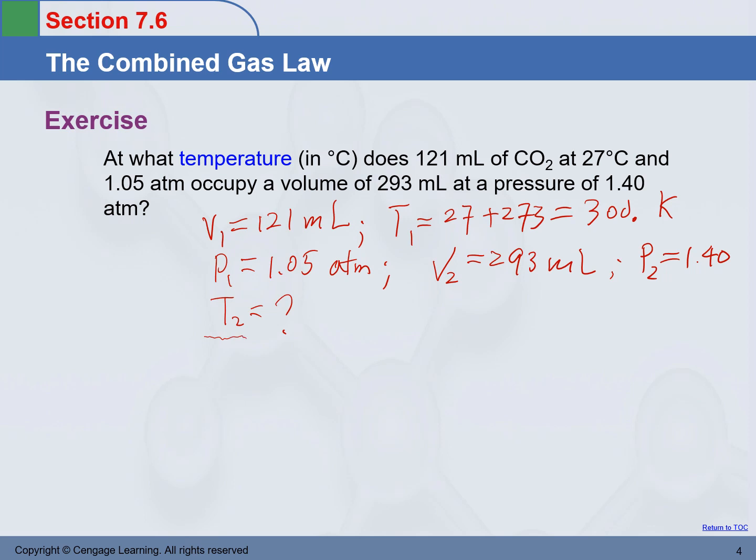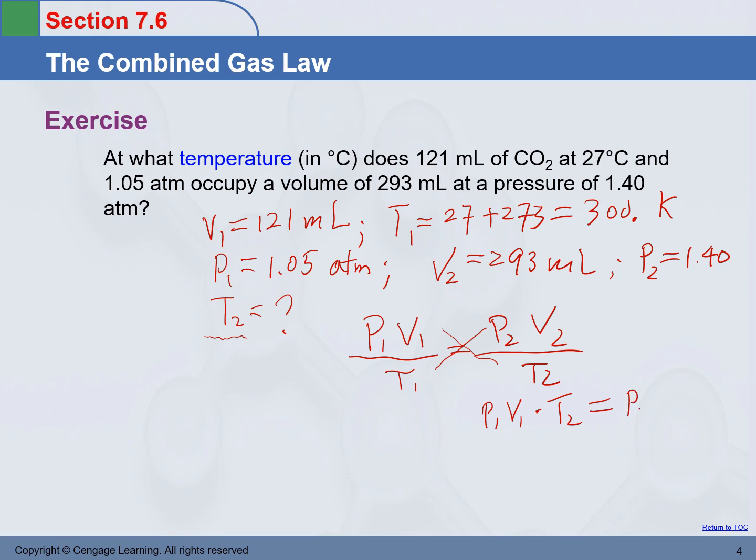All right, let's move on. So P1 V1 divided by T1 equals P2 V2 divided by T2. Now we want to isolate T2 out. Let's do cross multiplication. So P1 V1 times T2 equals P2 V2 times T1. Now both sides divided by P1 V1.